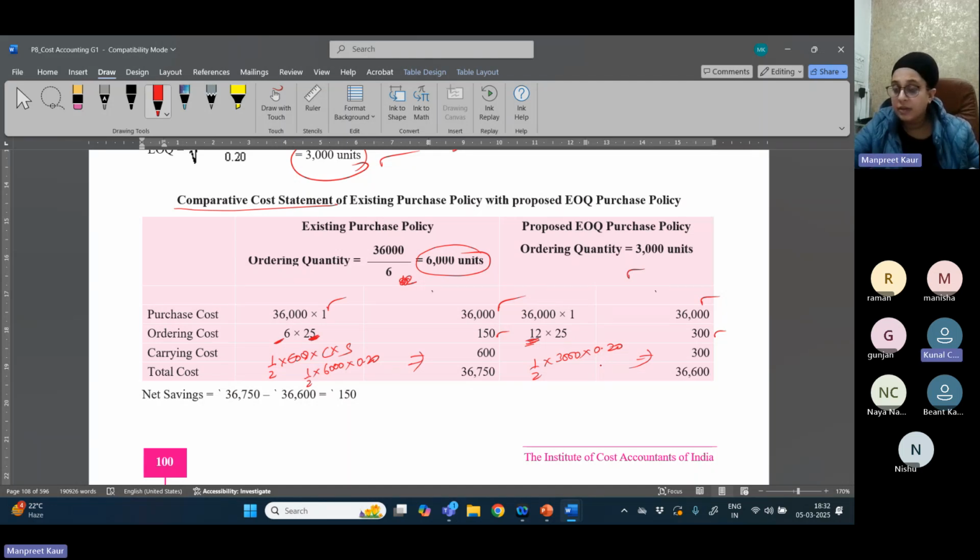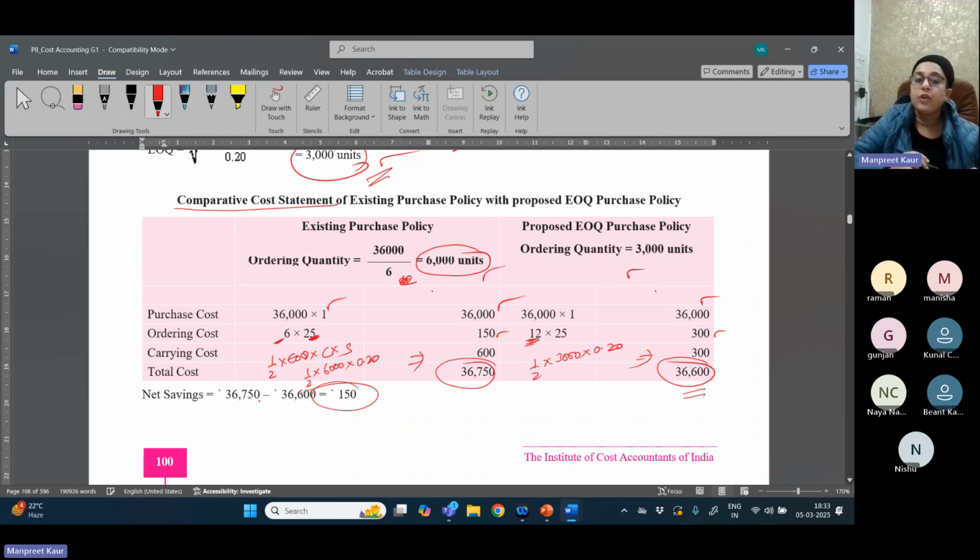Is this formula correct? Yes, ma'am. Total cost is purchase cost plus ordering cost plus carrying cost: 36,750 in the case of the existing purchase policy. In our proposed policy, with 12 orders according to 3,000 EOQ, the cost comes out less.